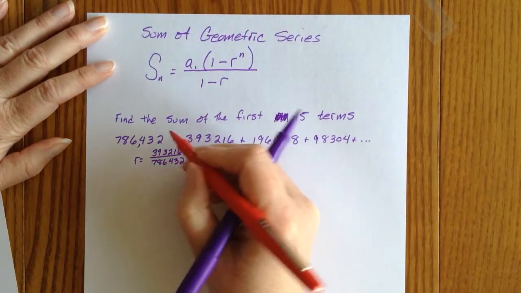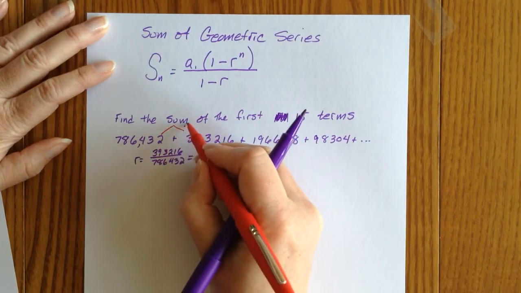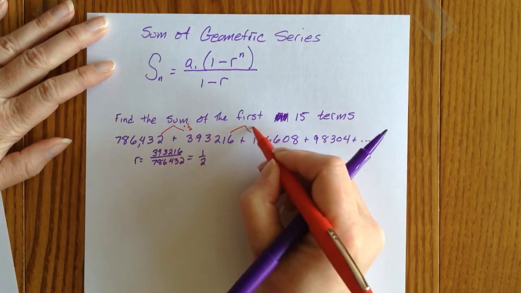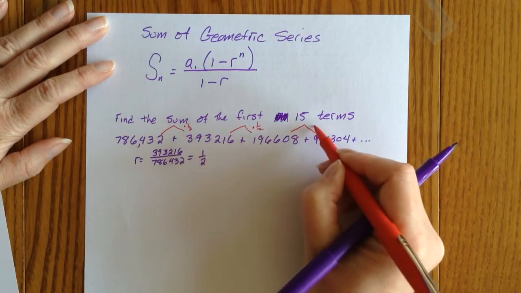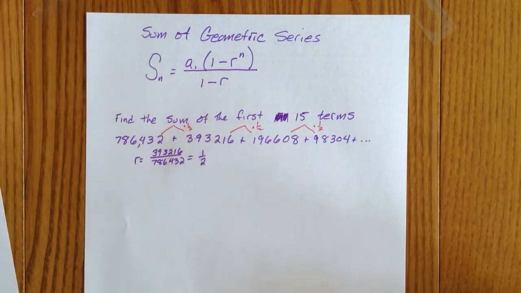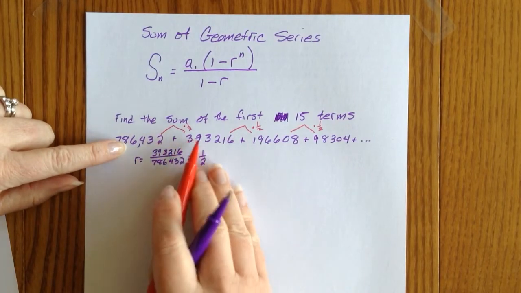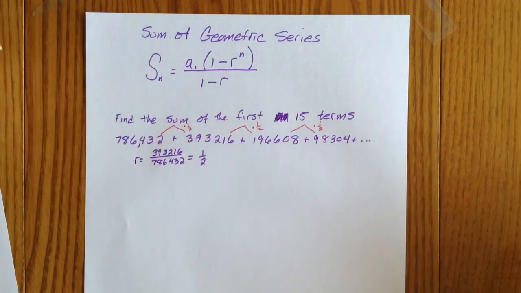You then would have to check to get from here to here, I multiplied by 1/2, that's what this is saying, but does it work here? Does it also work here? You need to check these things. Just because the first two numbers form a ratio doesn't mean it works consecutively for each term. In this case it does, but you're supposed to check that.